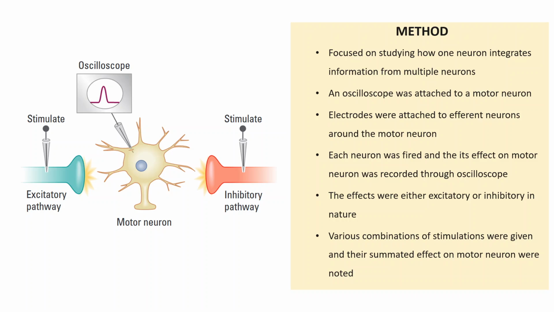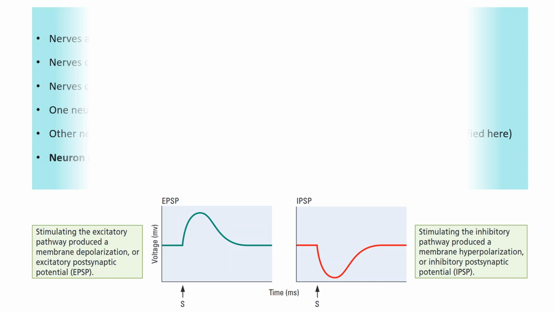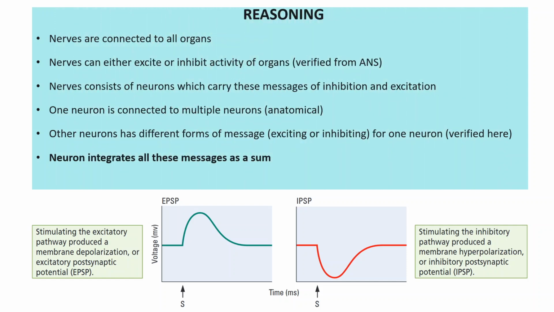Okay, cool. So he summed all the charges and found that there are two basic types of action potential generated. One is positive, one is negative. The positive one is known as excitatory because it causes some form of movement inside the motor neuron, and the inhibitory causes less movement inside that motor neuron.